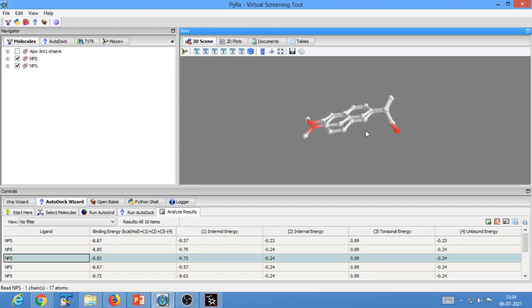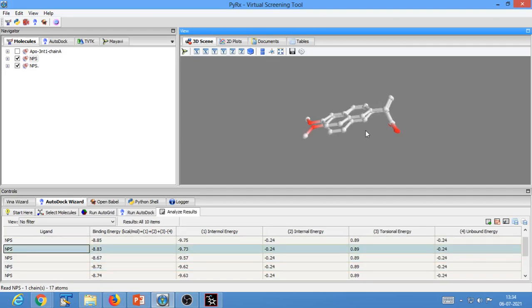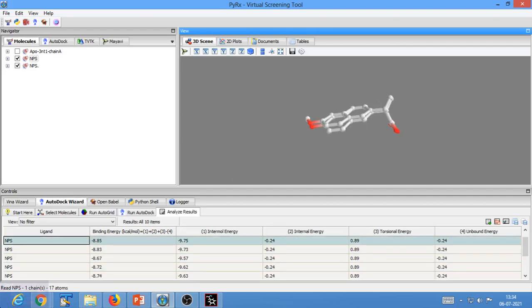Hence you would use the same settings for molecular docking as you have used here. Whatever settings you have used to perform this validation experiment, the same settings you would use for performing virtual screening for your test ligand as well, so that it would give you biologically meaningful results. Do you get this?